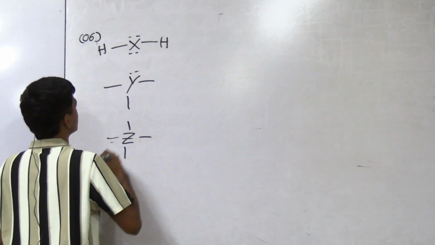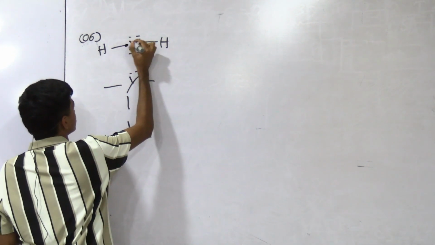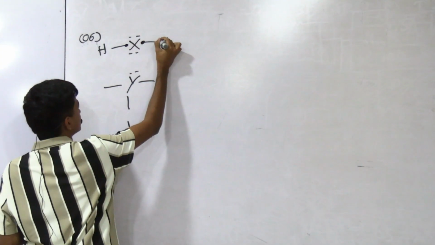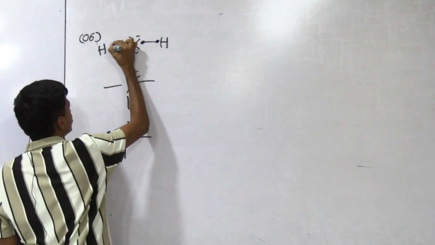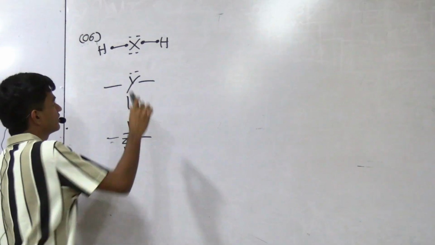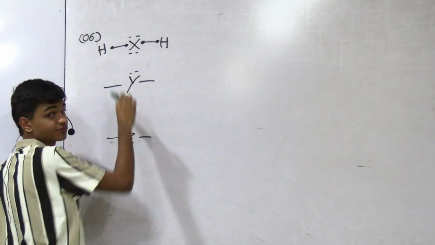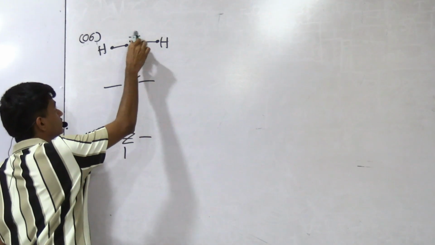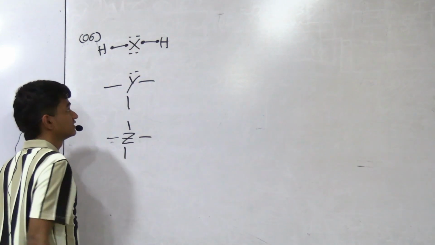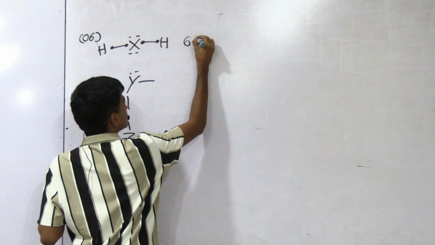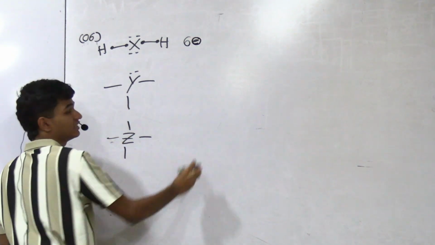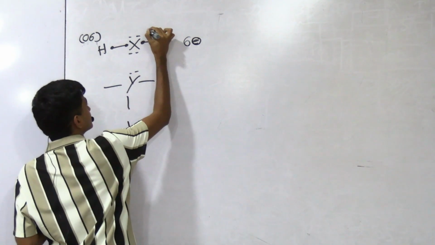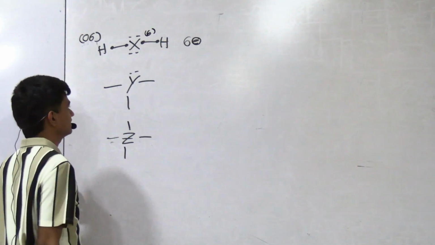So if we consider it electron wise, the electrons are divided like this. How many electrons does X have? 1, 2, 3, 4, 5, 6. 6 electrons. Meaning valency is 6. I'm going to write valency here as 6.